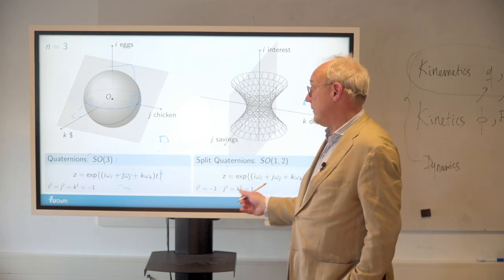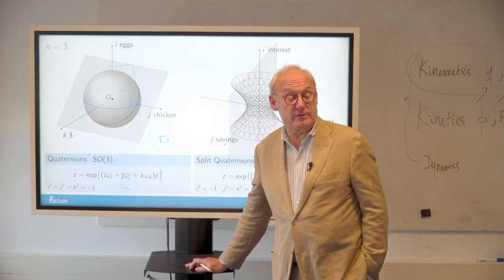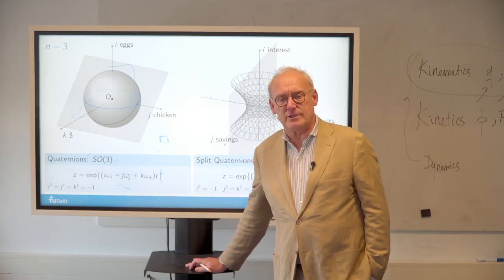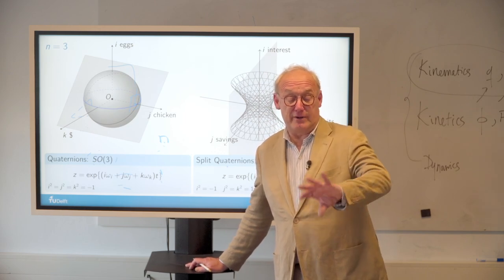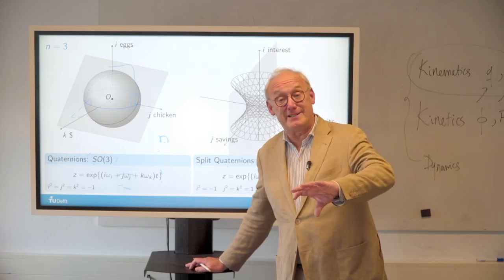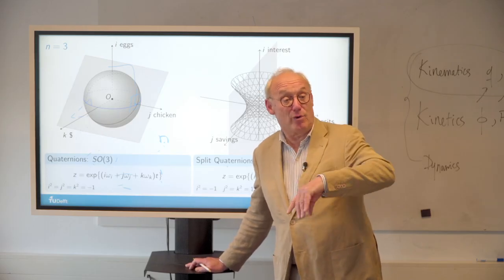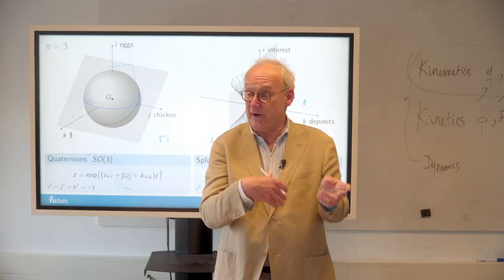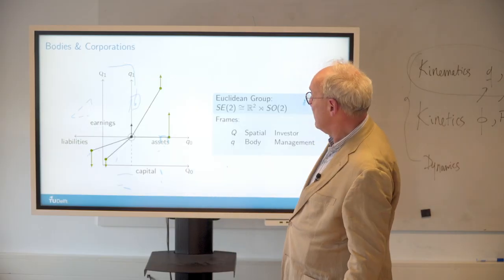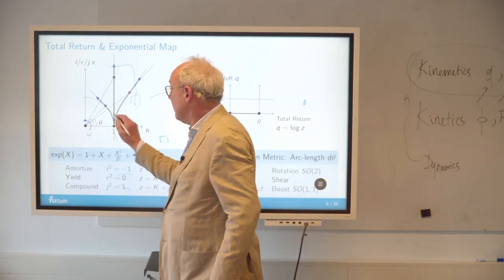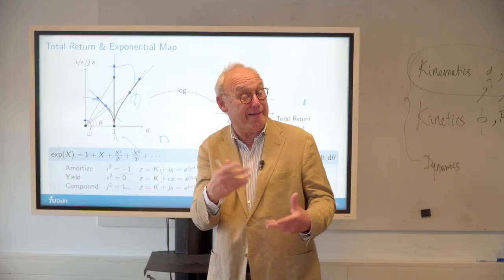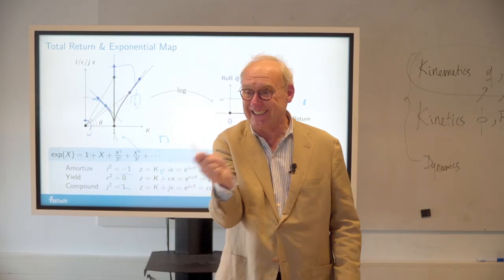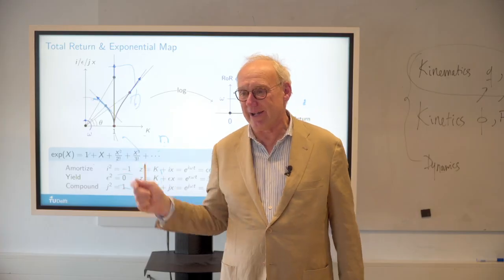So what's cool about these ones is you get that non-commutativity, right? So in SO(2), when you're just doing this, you can pay off a loan, but you can go backwards and get a loan some more, and it makes no difference in which order you do that. So if I'm in this thing, I can go over here and I can recycle and do a clawback, and it makes no difference. Doesn't matter how I got there.